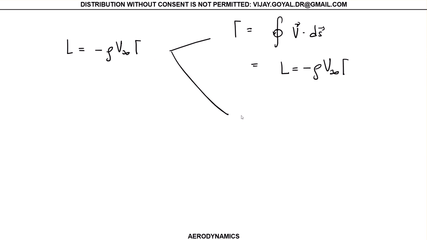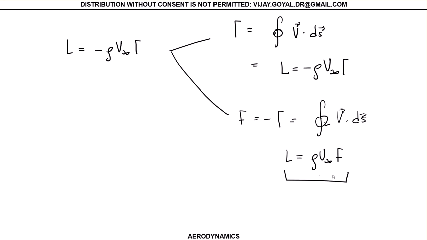The mathematicians like to use the other direction, and for them, this is equal to ds, and from here they get L equal to rho times V times gamma. So they get it positive, we get it negative. Just be cautious on how you're taking rotation, and whether you're having a positive lift or a negative lift.